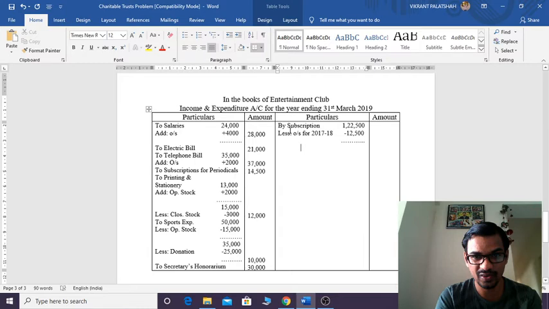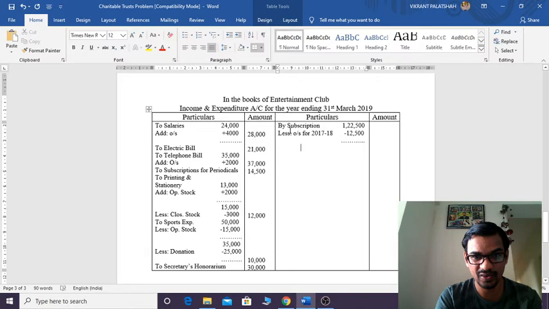Anything received in advance, see, 2019-20, means it is received in advance at the end of the current year. That is also less, that is also deducted. So it is advance for 2020, means for the next year. And how much is that?